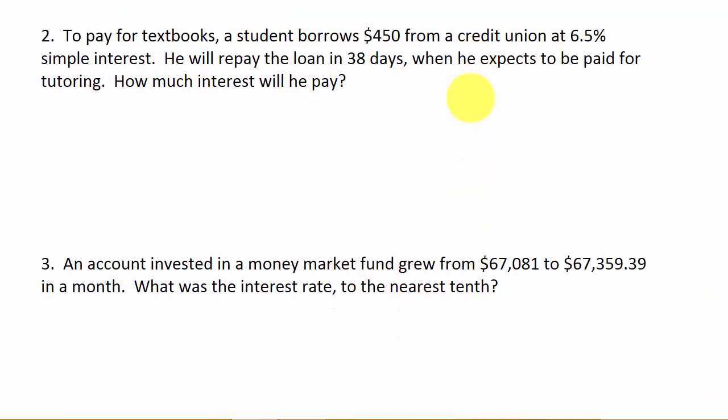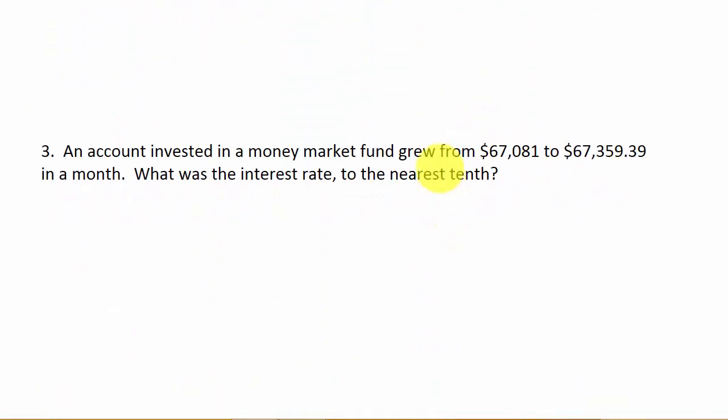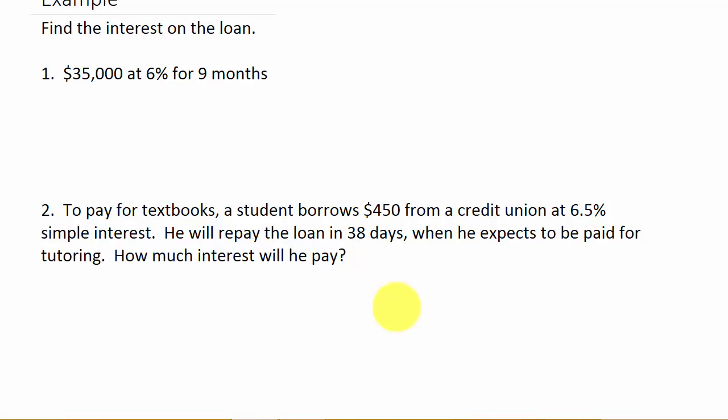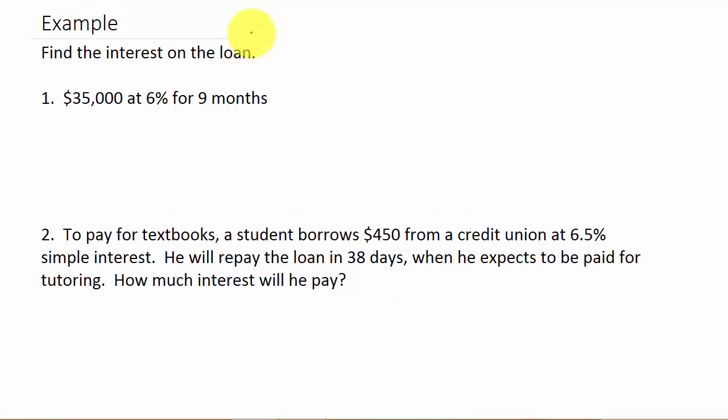We've got three of them to do. All right, so here it says find the interest on the loans. So here we have $35,000 at 6% for 9 months.